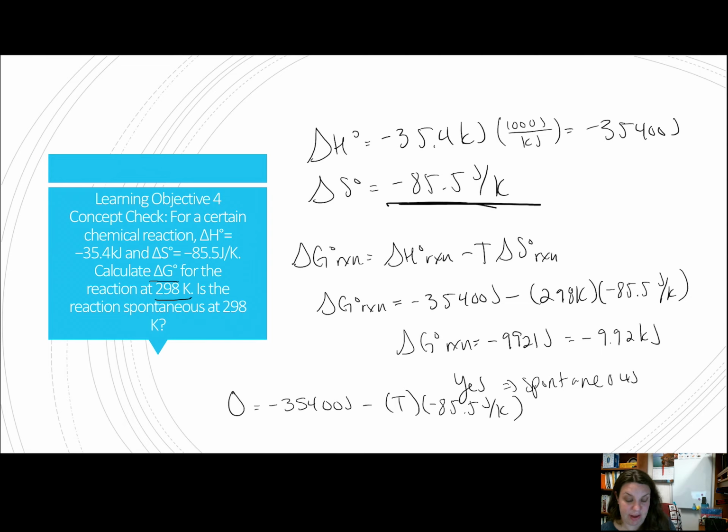And when we solve this out, at a temperature equal to 414 Kelvin, we have a 0 delta G. So at any temperature above that, we're going to have a non-spontaneous reaction. Any temperature below that will have a spontaneous reaction.